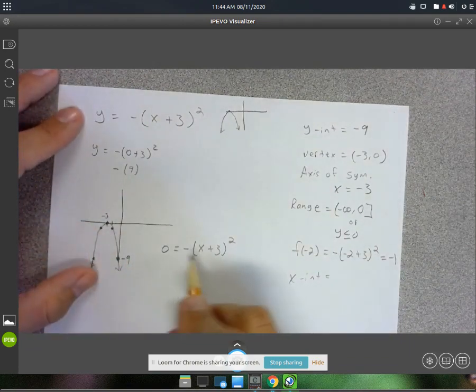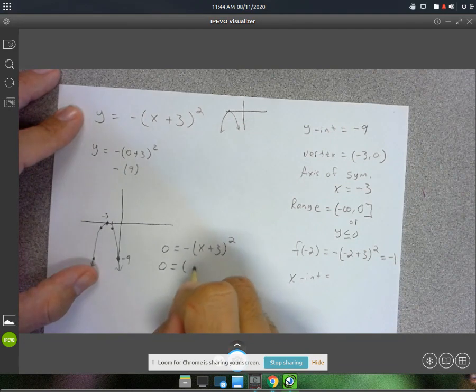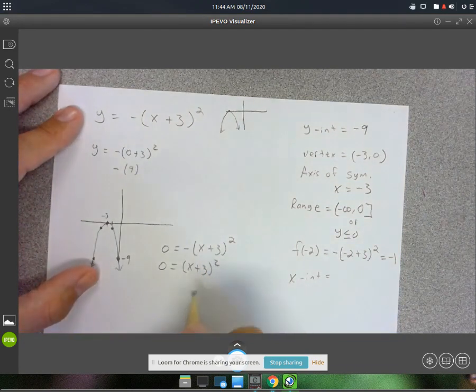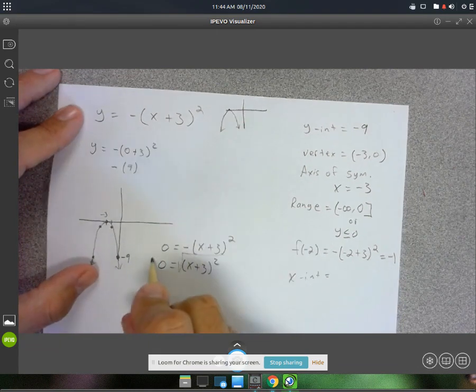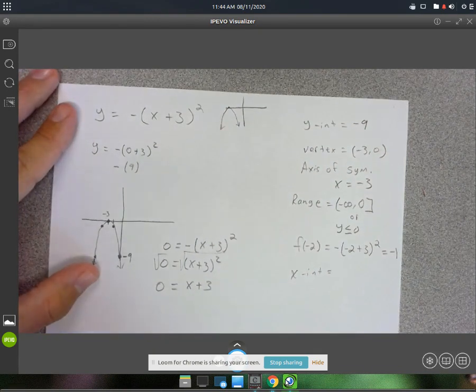So for solving this, we would multiply both sides by negative 1, which would make that stay at 0, and it would just drop off that negative. All right, that'd be x plus 3 squared. Then we would square root both sides, which would keep that at 0. And then this would just be x plus 3. And then we would subtract 3 from both sides, and we would get negative 3 equals x.